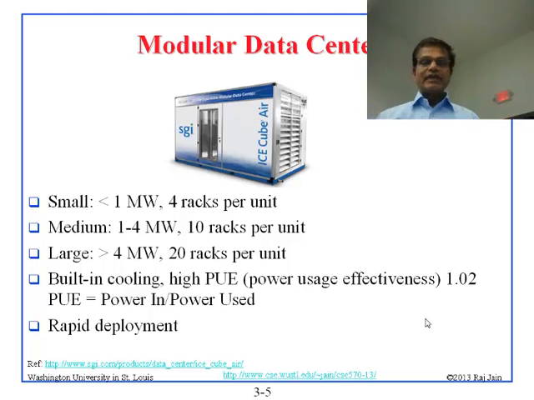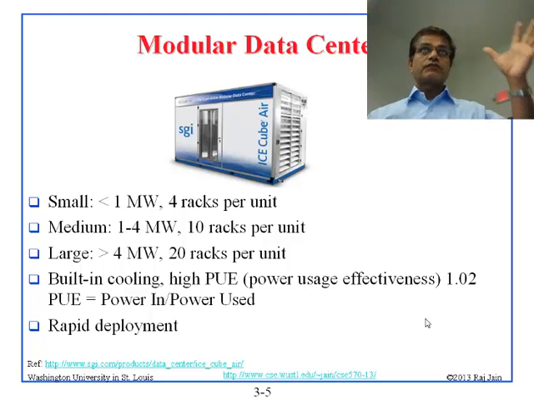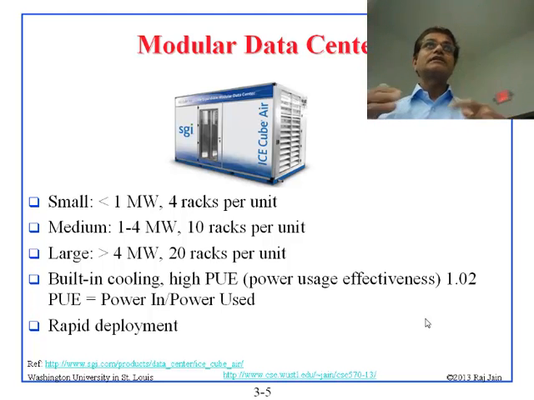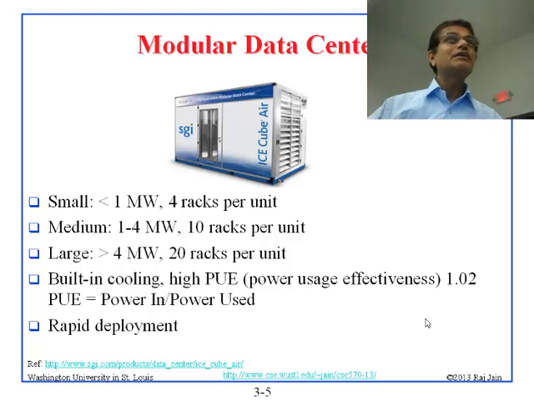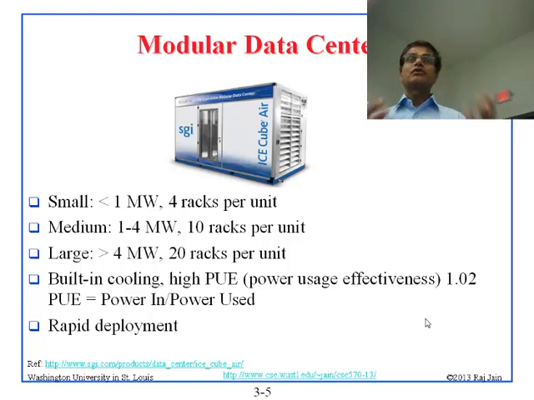And the way they measure the efficiency of these things is by PUE, power usage effectiveness, which in this case is 1.02. That means that if you need 100 watts to run the computer, all you need is 102 watts from the outside, because there is a lot of energy spent just in the heating and the cooling equipment, moving the air, running the fans.